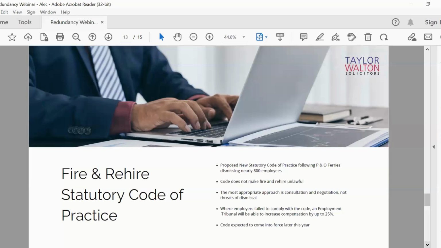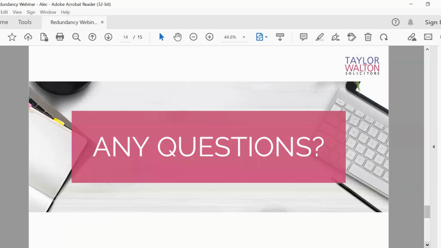So moving on, any questions? I have a couple of questions here. One is, what should be included in the at-risk letter? Remember, this is the letter notifying the employee that they are at risk of redundancy. What I would normally put in there is an indication of the reason for the redundancy.